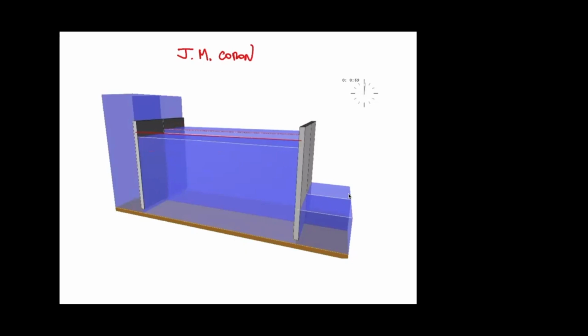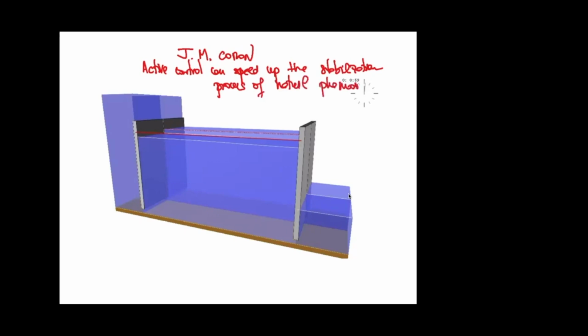So here, in this problem, what we have done is to show how active control can speed up the stabilization process of natural phenomena. In this case, the phenomenon under consideration is the dissipation of waves.